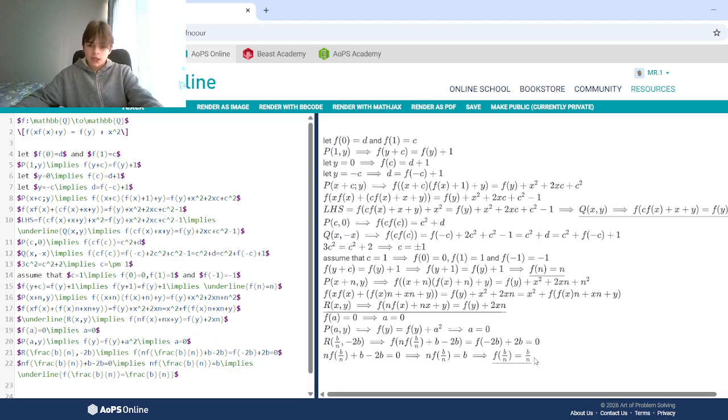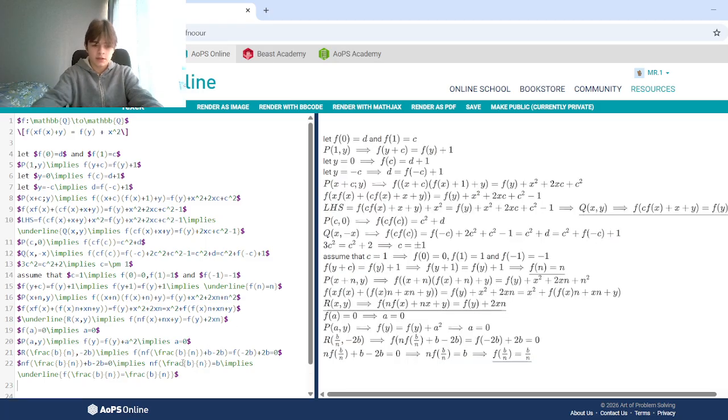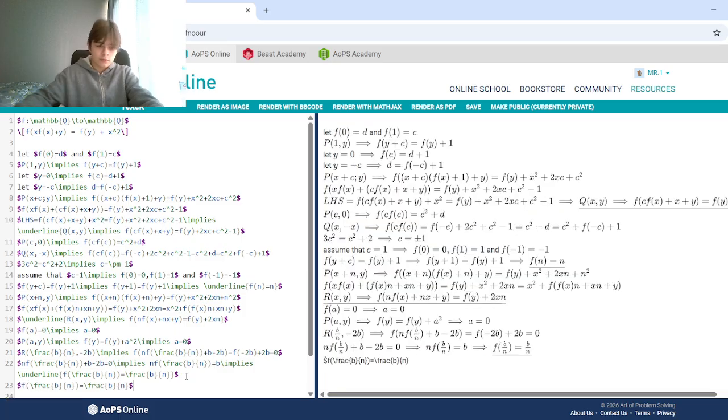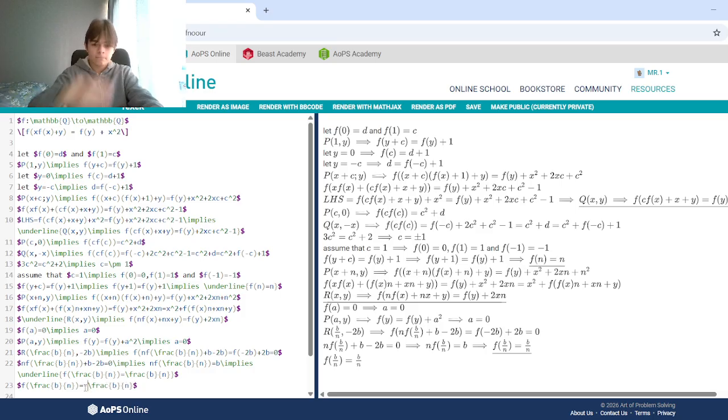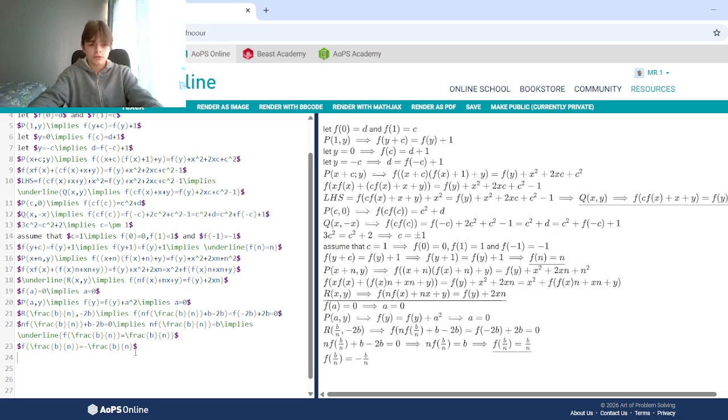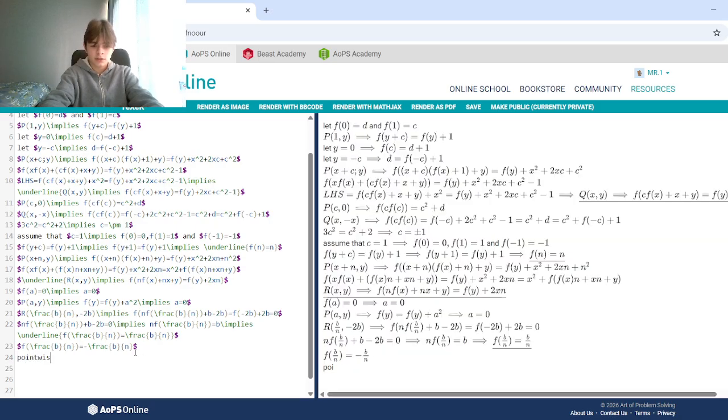Okay, and we have f(x) is equal to x on rational numbers, but this was true if c was 1. If we let c equal to minus 1, then we get simply the same but with minus, so we get f(x) is equal to minus x. This is known as the pointwise trap.